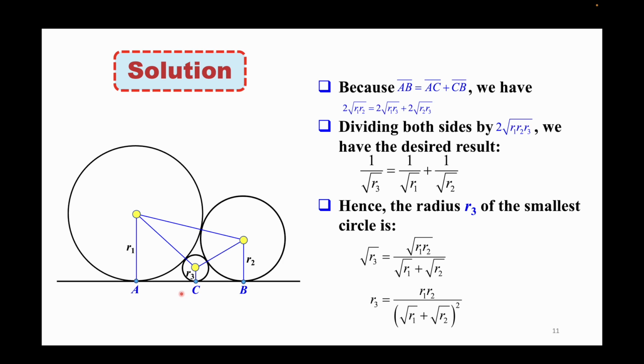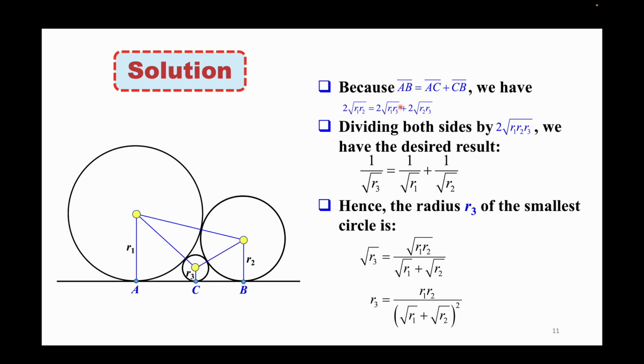However, we know AB, the distance between A and B, is the distance from A to C plus the distance from C to B. So we plug in the results we found. We have this.